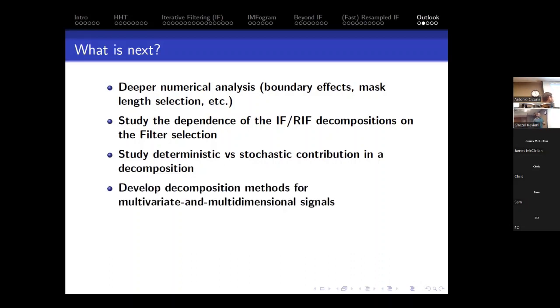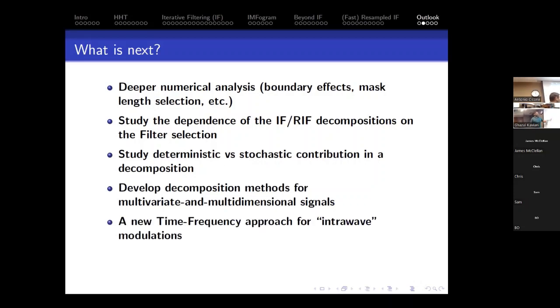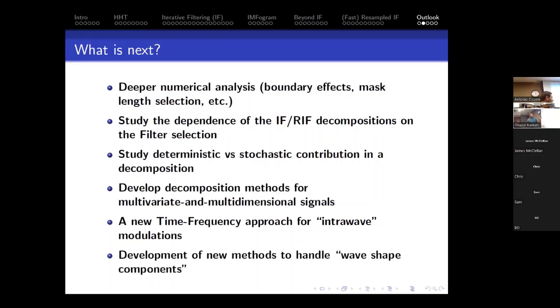But more importantly, is this problem: how to deal with intra-wave modulation in frequency, and how to separate components that have intra-wave modulation. Remember, IMFogram assumes that you don't have any intra-wave modulation, so inside each period, nothing changes.